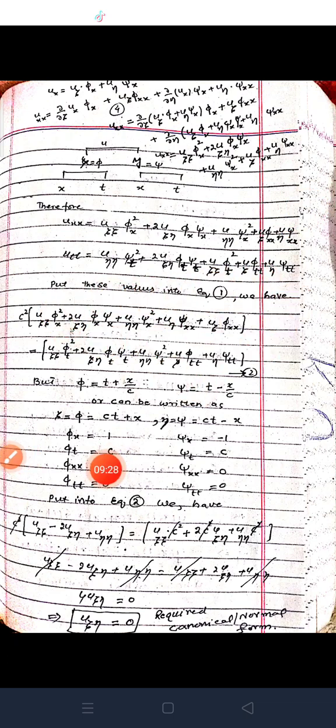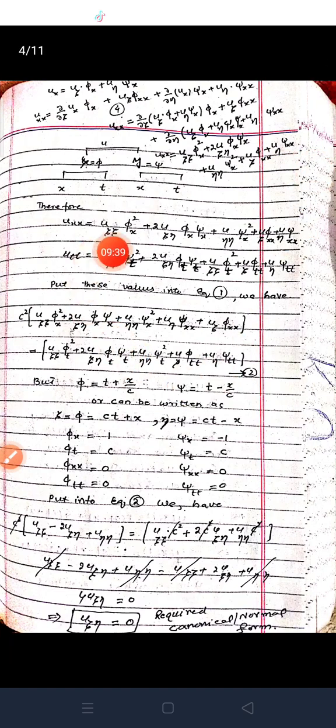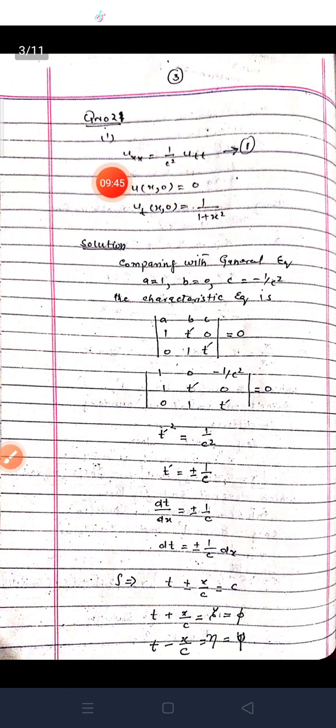Now putting these values uxx and utt into equation number 1, we get these values. If we multiply by c on both sides, we get c square uxx is equal to utt.